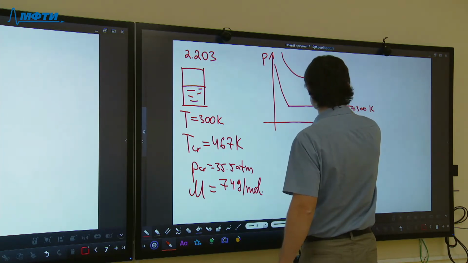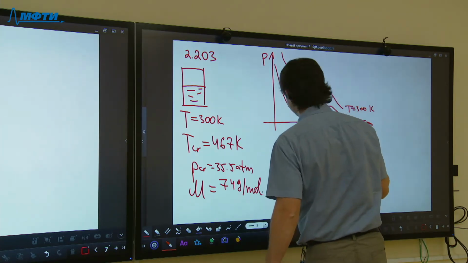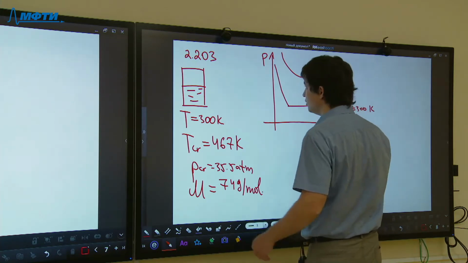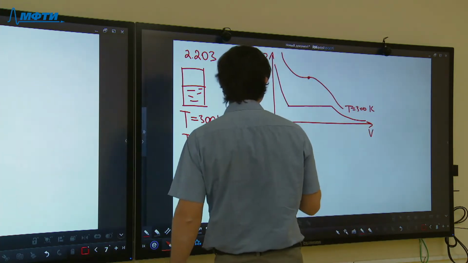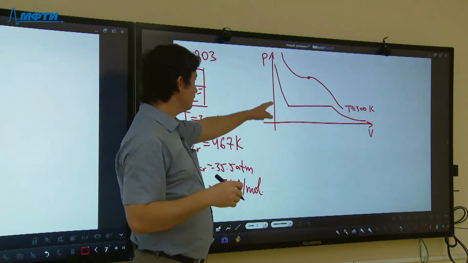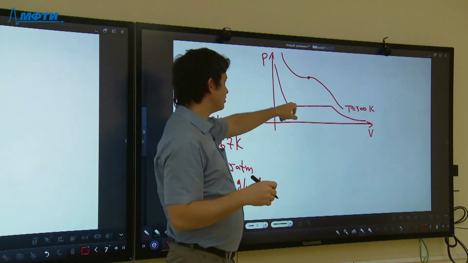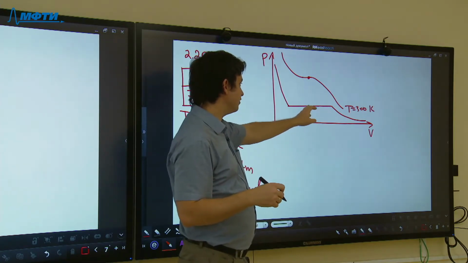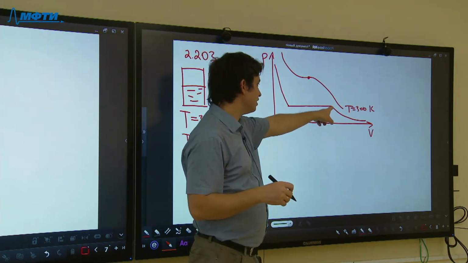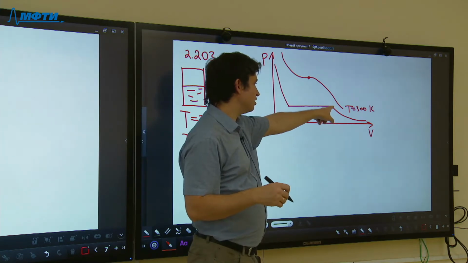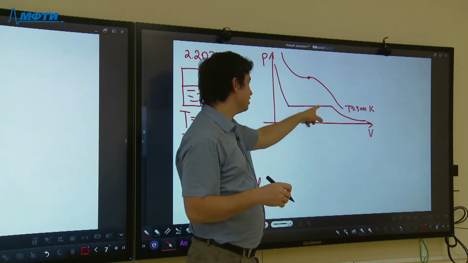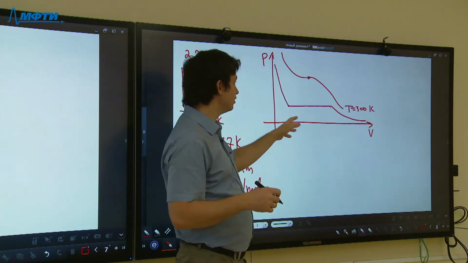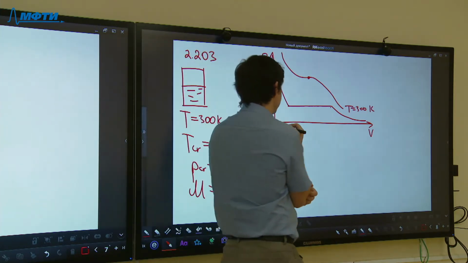So this kind of an isotherm includes some kind of a partial filling of the liquid. In here, there is no liquid in my vessel, so it's only gas. But at this point, it's fully filled with liquid.